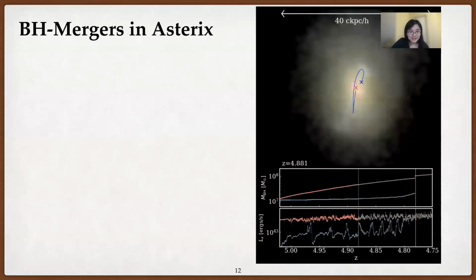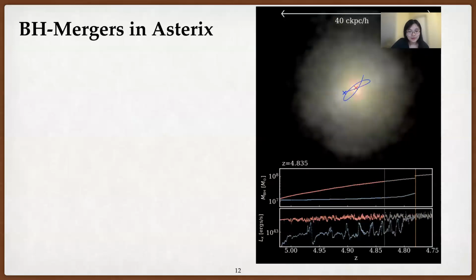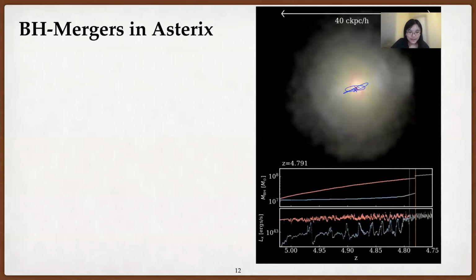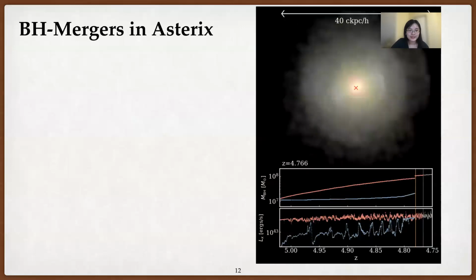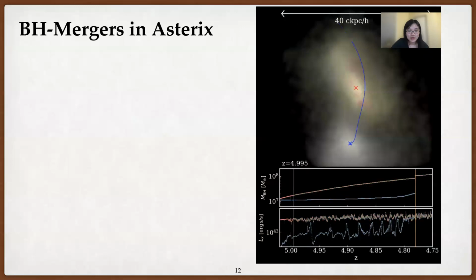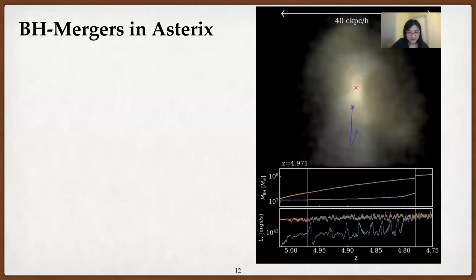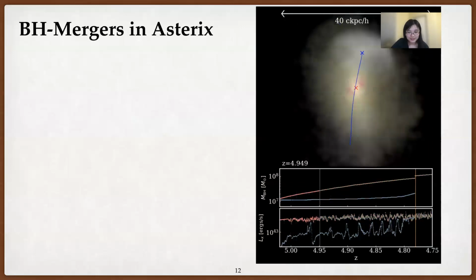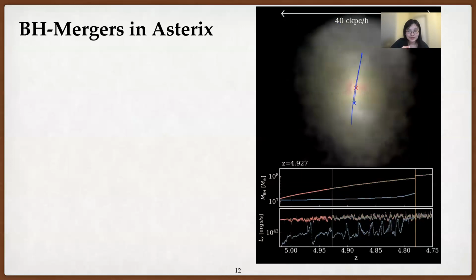So in the repositioning scenario, when two galaxies encounter, their black holes would also merge quickly at the very first pass by. However, in the Asterix simulation, we apply a more physical model for the black hole dynamics. We account for the dynamical friction from the neighboring collisionless particles, i.e. the star particles, in the black hole dynamics.